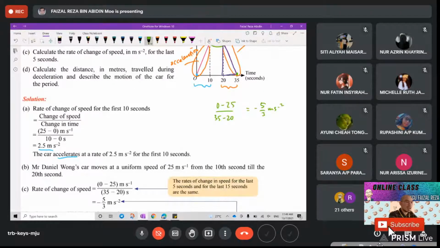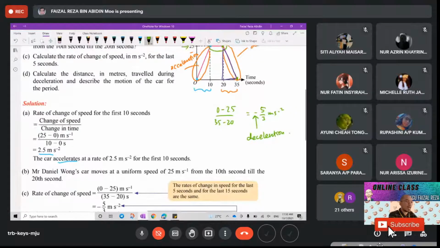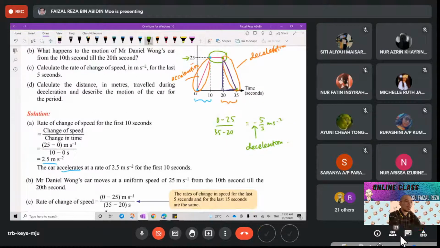It's called negative because it is deceleration. If we take this one, 20 to 35 is 15 seconds. But the question asks for the 5 seconds. Why did we take 15 seconds?